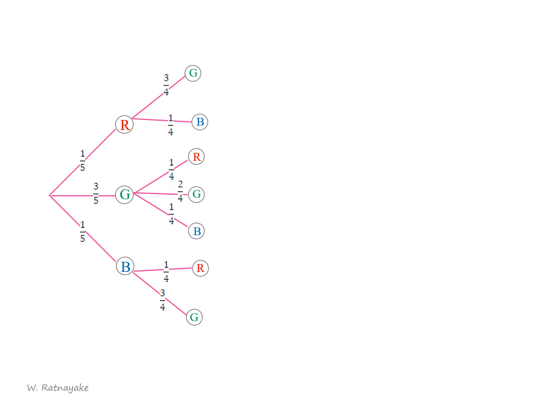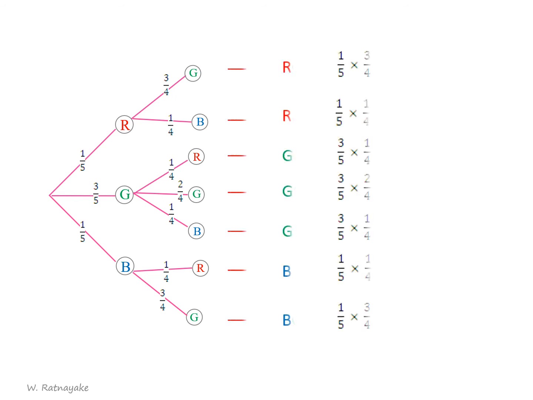And here, using this diagram we can identify there are so many compound events. First one may be R and second one may be G. That is the result we can read as RG, and the others as RB, GR, GG, GB, then BR and BG.